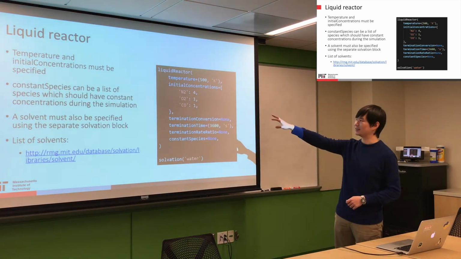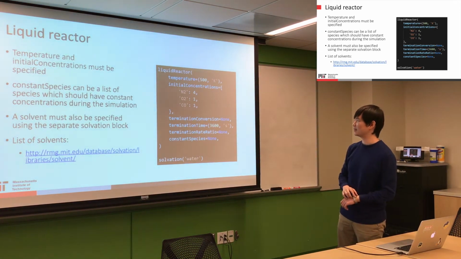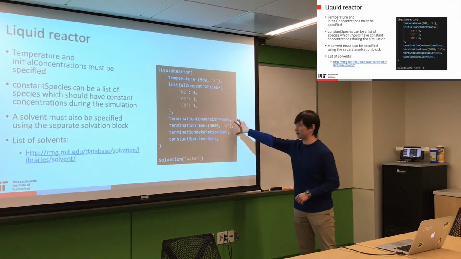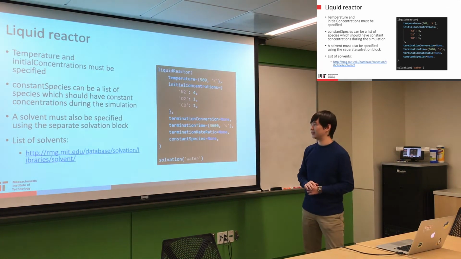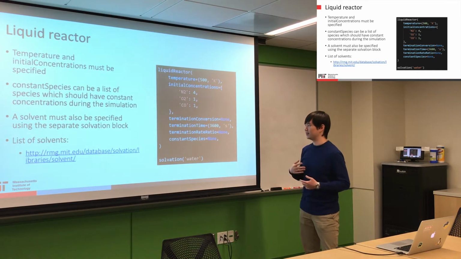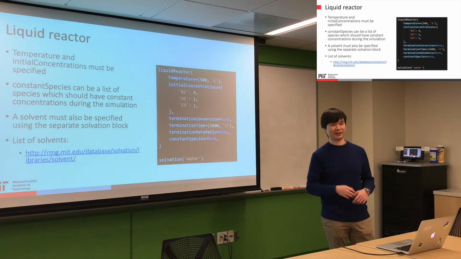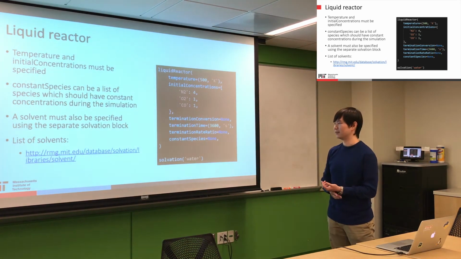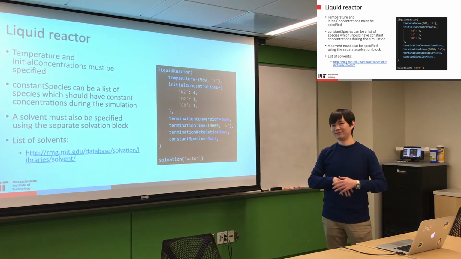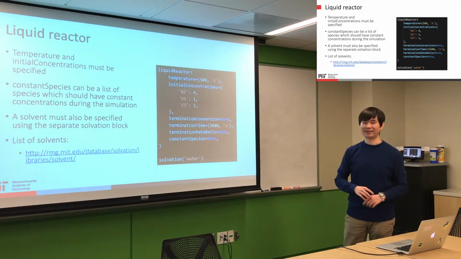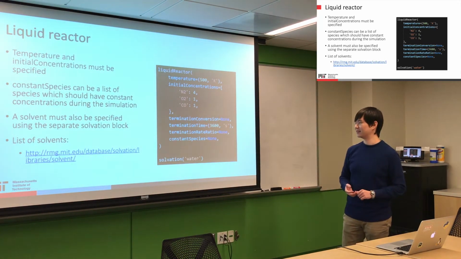You specify initial concentrations instead of initial mole fractions, and you also need to specify at least one termination criteria. With liquid reactors, you get this additional option of specifying a constant species. In some systems, you might have a species which is in excess and more or less at a constant concentration throughout the entire reaction. So this lets you specify that.